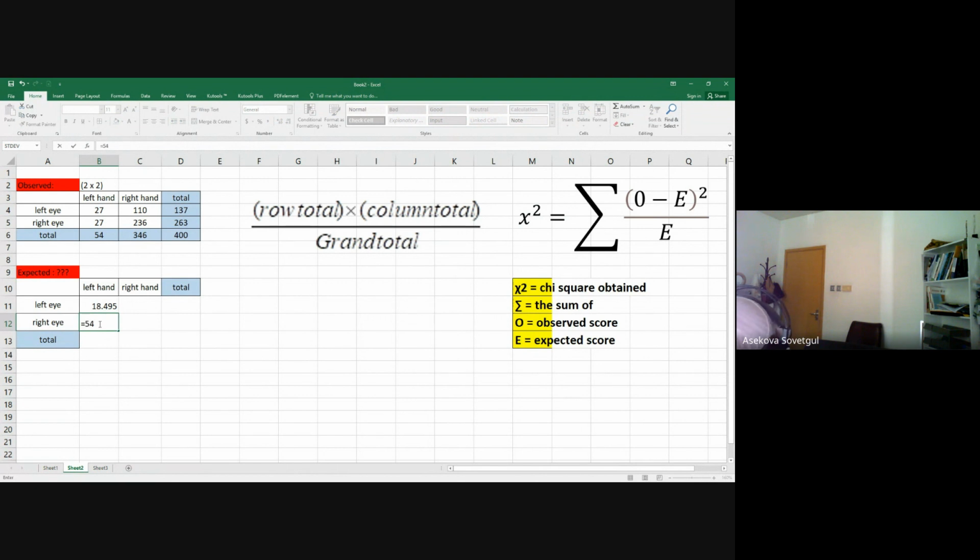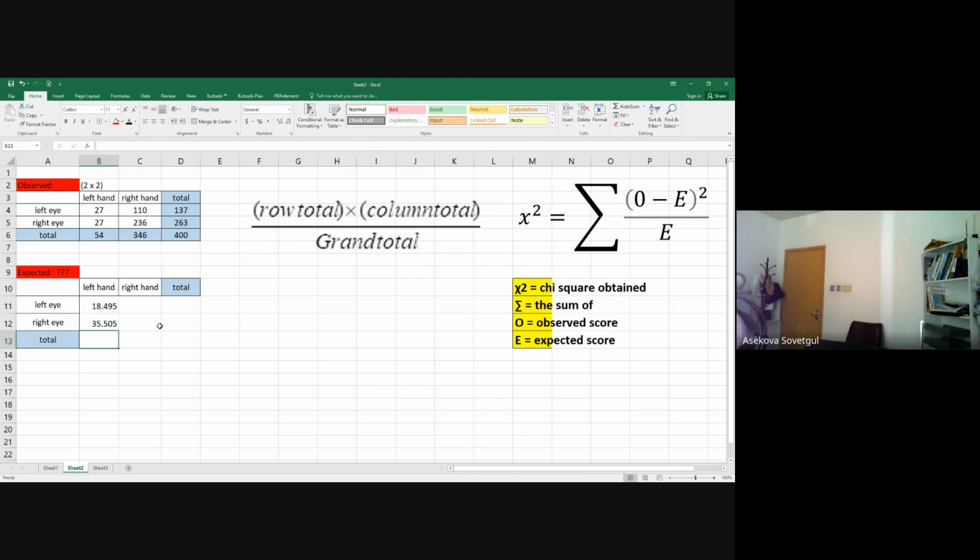So 54, oh, let me open the bracket. 54 multiplied by the right eye with the left hander. Right eye total is 200, divided by 400. Right.